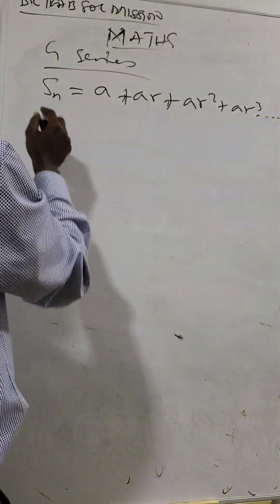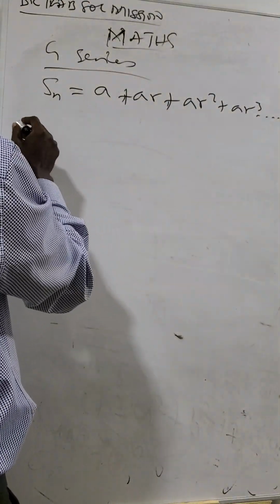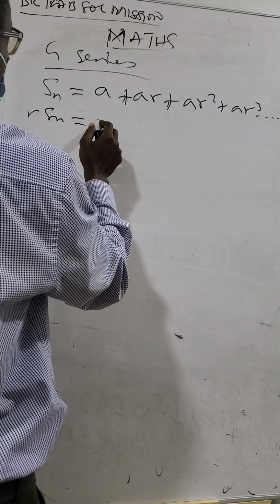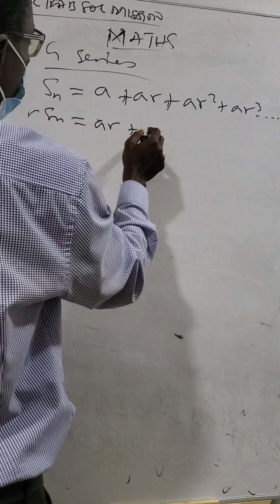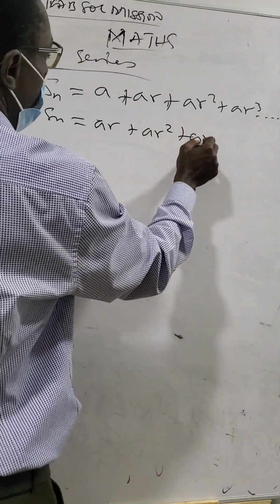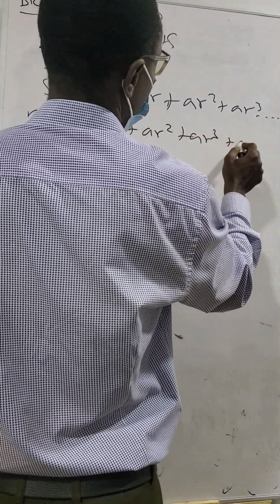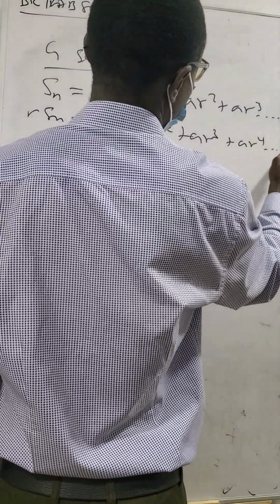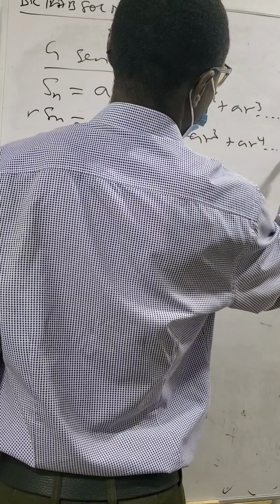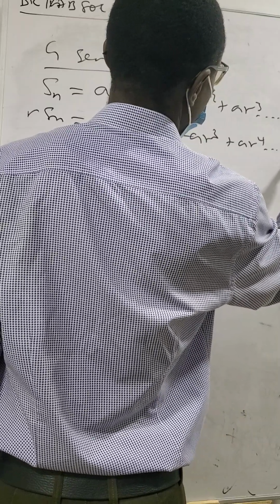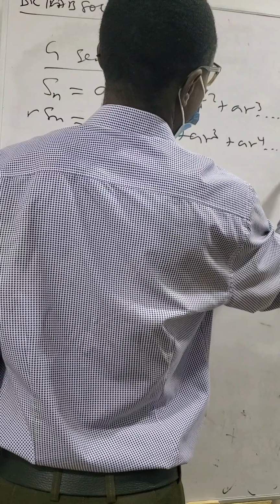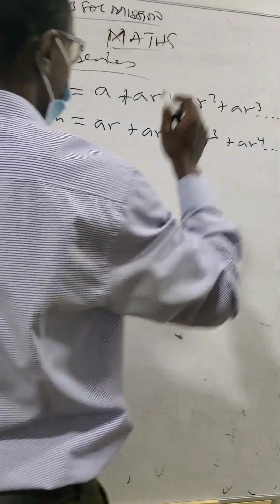Now, if we multiply through by r, that is r times Sn, then you're going to get ar plus ar squared plus ar cubed, ar to the power 4, and so on until ar to the power n. We're going to get r times Sn, so it's like this plus 1 is going to cancel that.